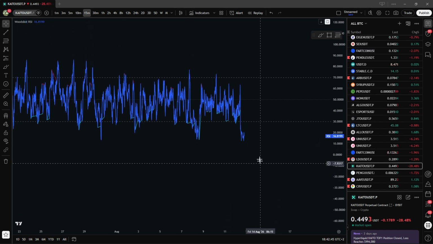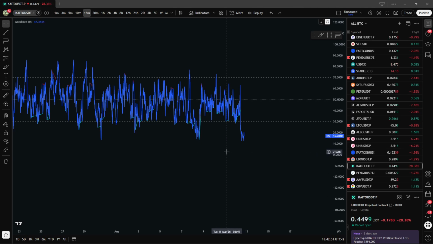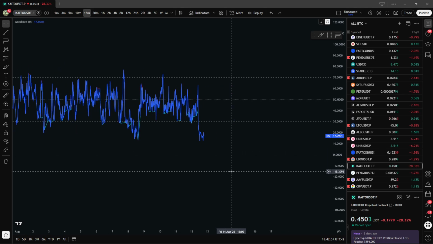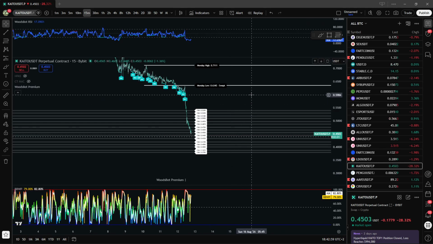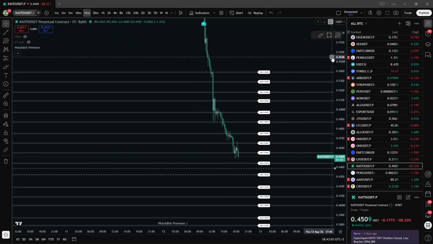I've rarely seen RSI getting this low, you know. This is pretty nasty. 20% downside without any bullish divergence. This is crazy.